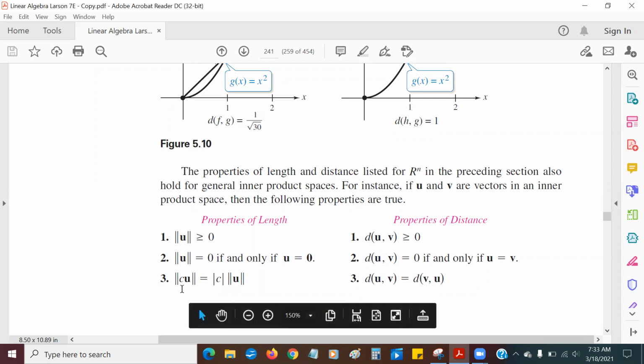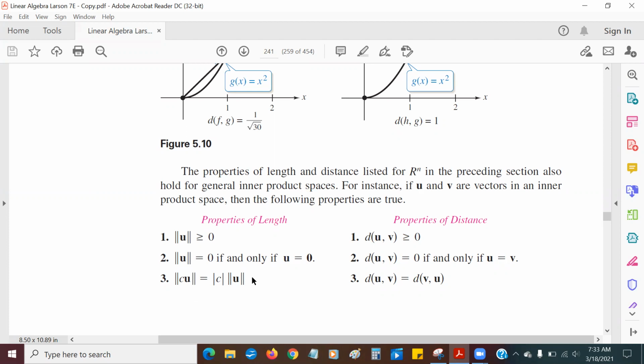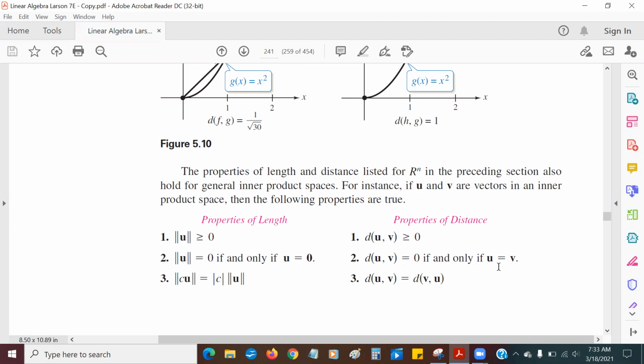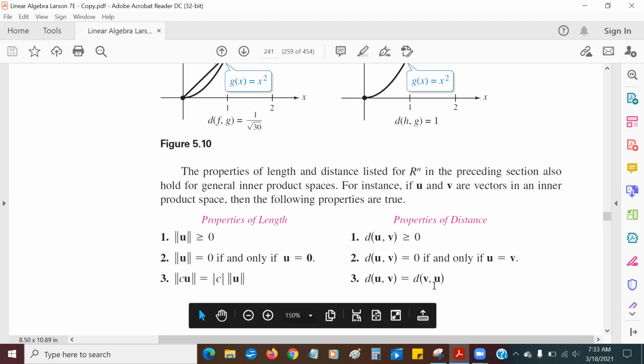I can pull a constant out, and I get the absolute value of c, so the length of cu is the absolute value of c times the length of u. These are all things we saw in Rn. The distance between u and v is always greater than or equal to 0, and it equals 0 only when u equals v, and of course it is commutative. These are all properties we saw in Rn, and they also apply here.